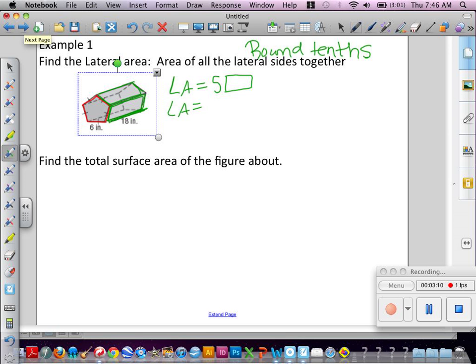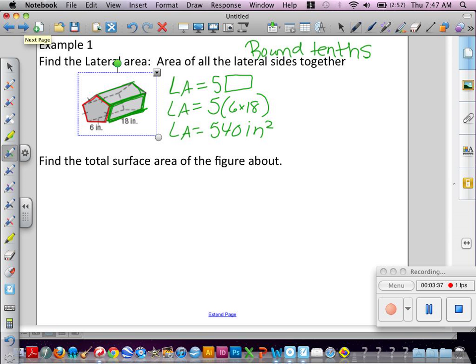So I'm going to take 5, and then to find one of the faces, I'm going to take 6 times 18. So I'm going to take 30 times 18 and I'm going to get 540 inches squared. And so you guys can do that. You can find each one of the faces and then add them together.